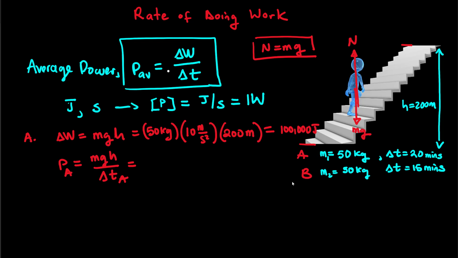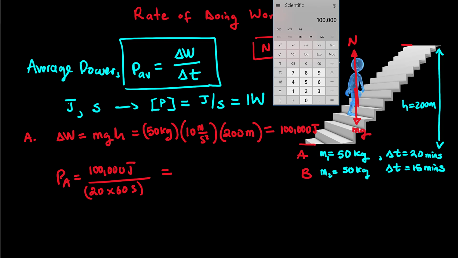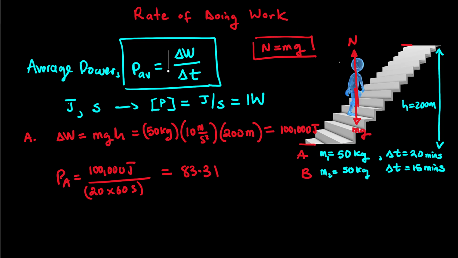If you notice, A and B do the same amount of work, but which of these two students is more powerful? So let's calculate the average power for A. This is going to be equal to 100,000 joules divided by the total time, which is 20 multiplied by 60 seconds. That will give us 83.3 watts.